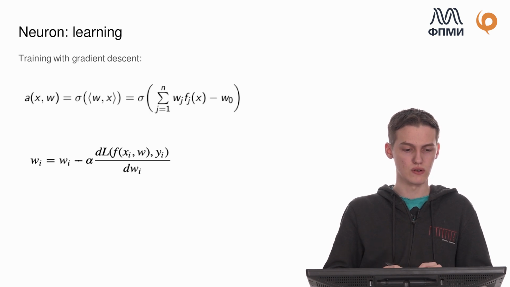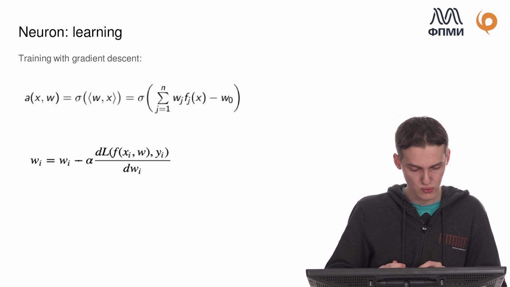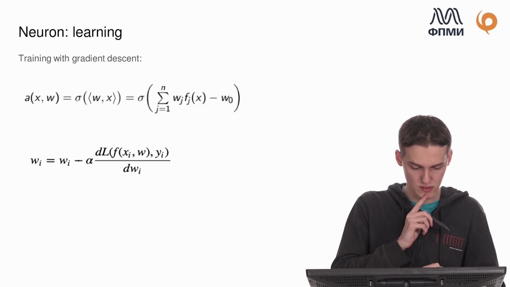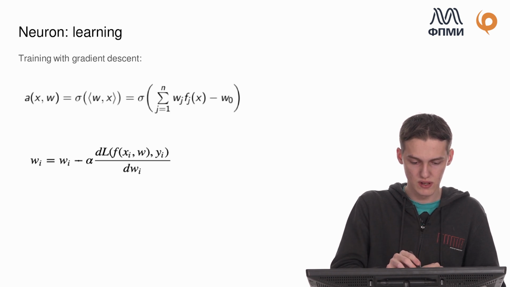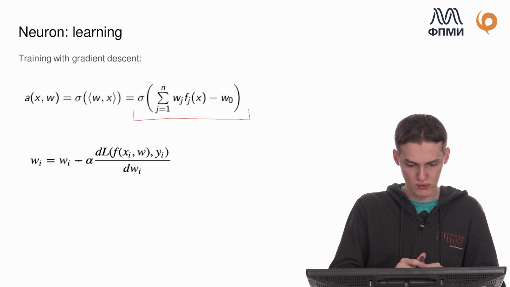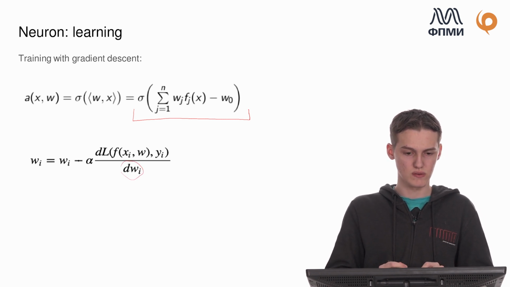Let's see how we'll train one neuron. So we're given its loss function. No, it's activation function, and we'll need actually to differentiate it by omega sub i. Let's learn how to train this thing. So how will our loss function look like?